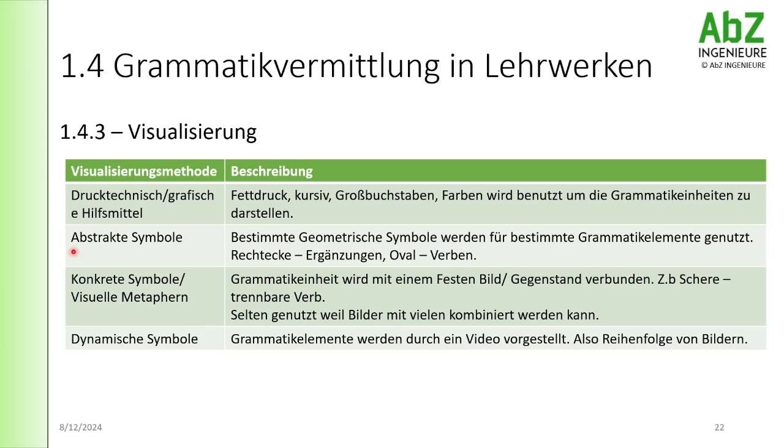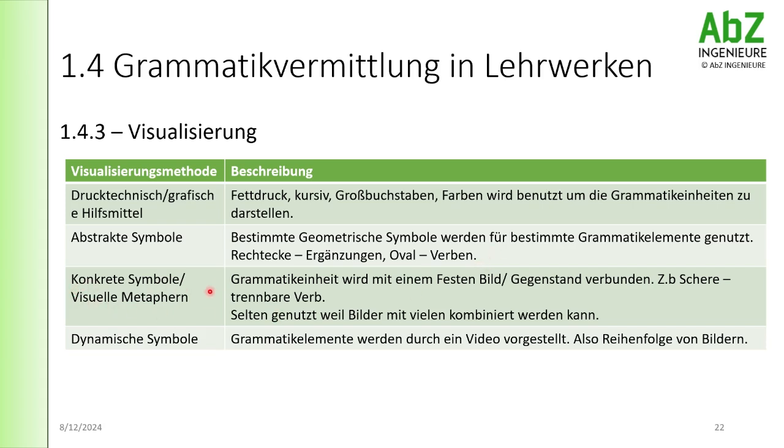Then you have abstrakte Symbole. In this situation, particular geometrical shapes are used to represent the grammatical elements. As example, you have rectangle, which means completing form, and then oval, which means verbs. This is the example which they have given in the book.